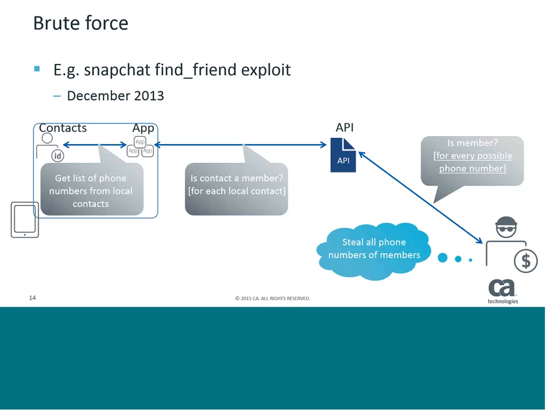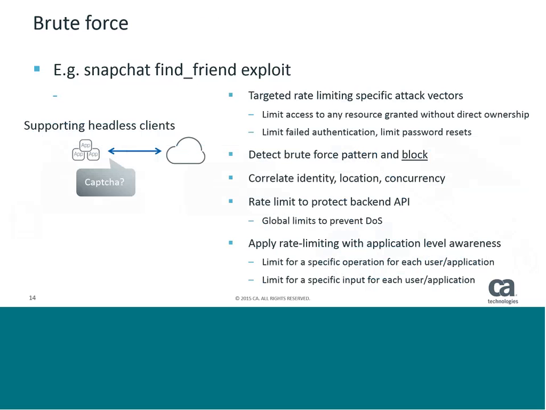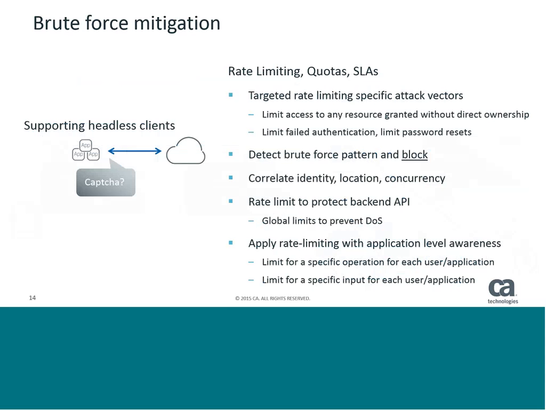So in a sense, this can be very easily prevented by mechanisms where you are able to limit the rate at which the requests come in, assign quotas to specific consumers or a range of consumers, having some SLAs.